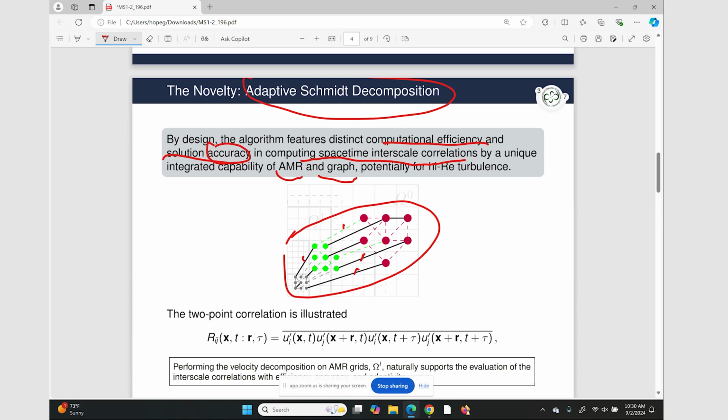The important refinement criterion is edge covariance, using two-point correlation. For example, if I have two-point correlation, I can compute all these, and then I need an indicator.